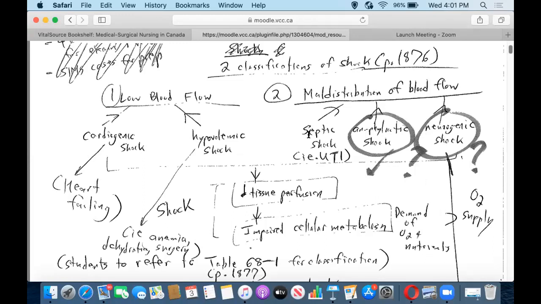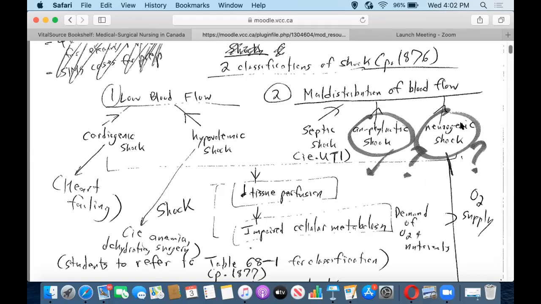The main issue here is that fluid has moved with all 3 of these, as we'll see, because they all involve an inflammatory response. Well, these 2 involve an inflammatory response, and this one involves basically an inhibition of the sympathetic system, yielding vasodilation. So they all have vasodilation in common.